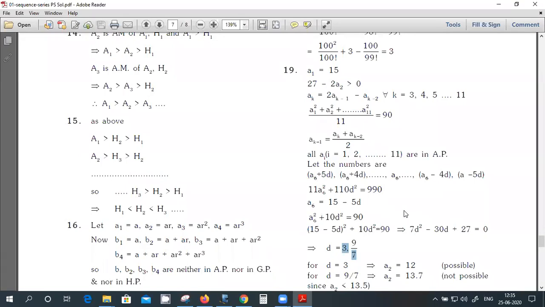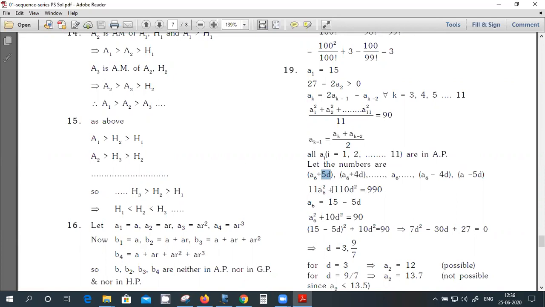Is that clear? Yes, sir. So we have A6 square 11 times. And then for D square, we have 5 square plus 4 square plus 3 square plus 2 square plus 1 square. You have a formula for the sum of squares, n into n plus 1 into 2n plus 1 by 6.